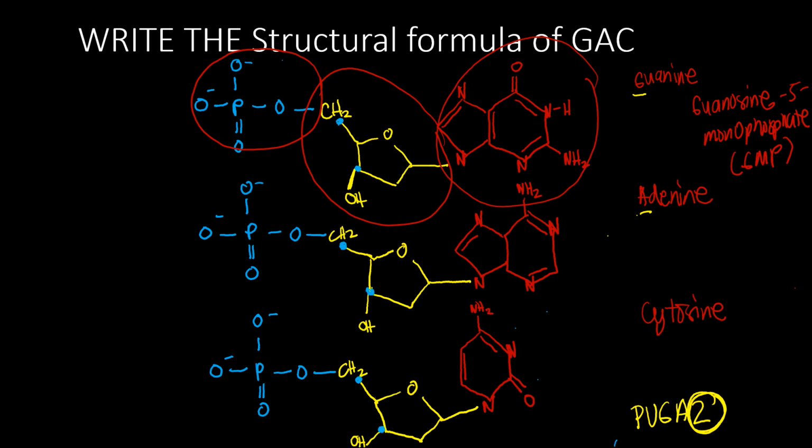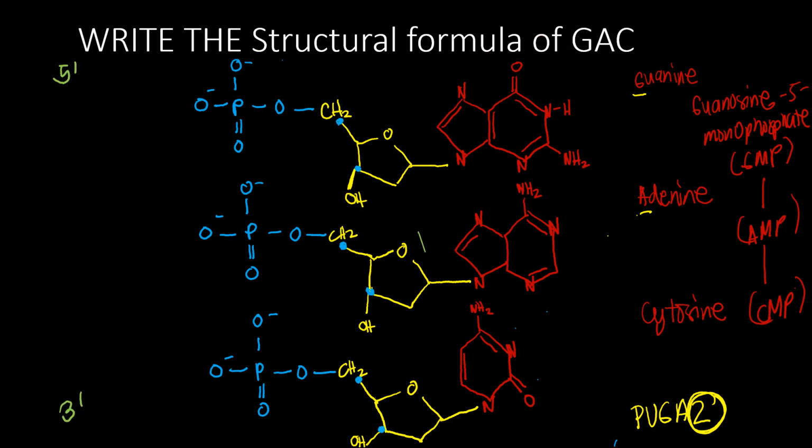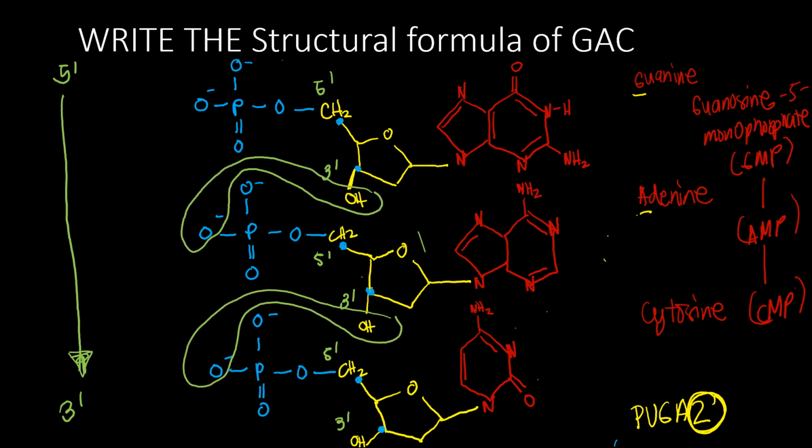We will attach this GMP to your AMP and to your CMP to make your nucleic acid. So we follow here the 5' to 3' end direction. This is 5' to 3', 5' to 3'. So we remove the oxygen here again.